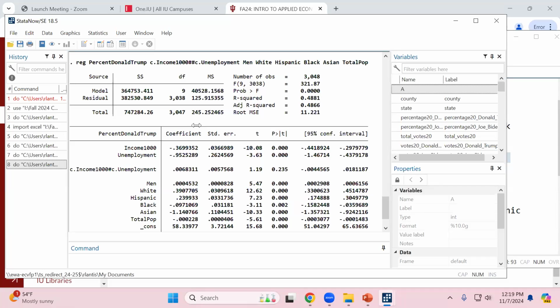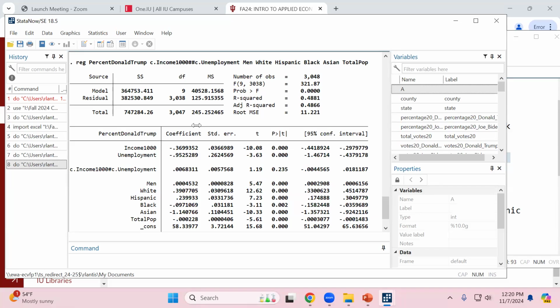So my marginal effect of income is going to be beta 1, taking a derivative of this function with respect to the thing that's changing, plus beta 3 times unemployment. Okay. Well, if I look at these results, this was negative about 0.37. This was 0.007, rounding egregiously.